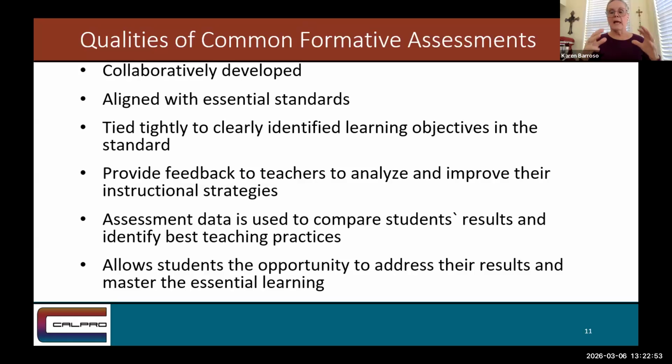We can see by the end of the year how proficient all these classes were. And then allow students the opportunity to address their results. So you're giving them feedback and thinking about, hey, you could do this and this will improve your writing or your reading or your speaking and listening.